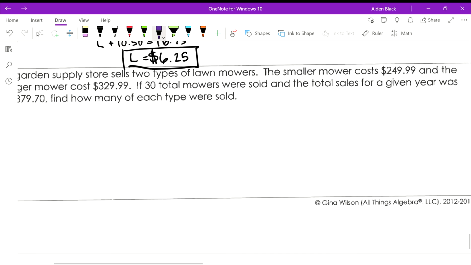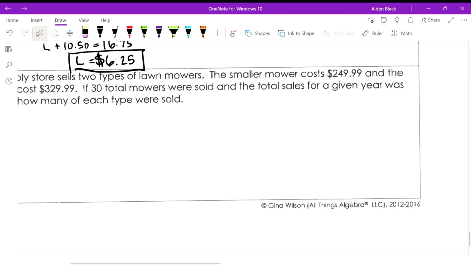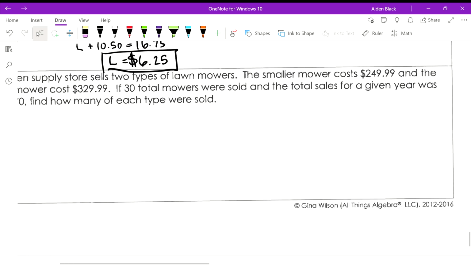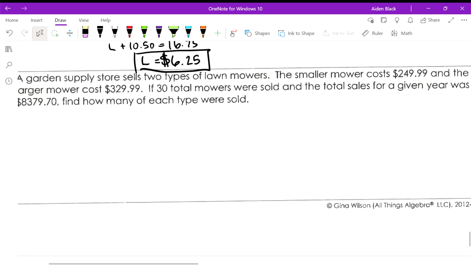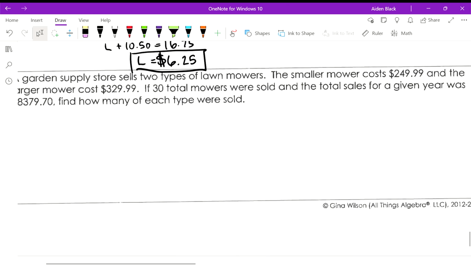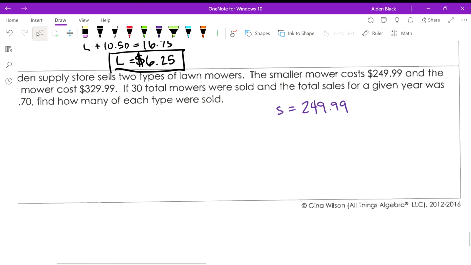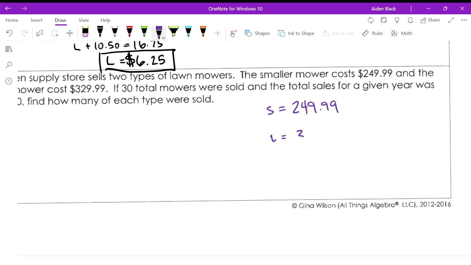Alright, let's try out this last one. A garden supply store sells 2 types of lawnmowers. The smaller mower costs $249.99, and the larger mower costs $329.99. Okay, so the small mower is $249.99, and the large mower is $329.99.